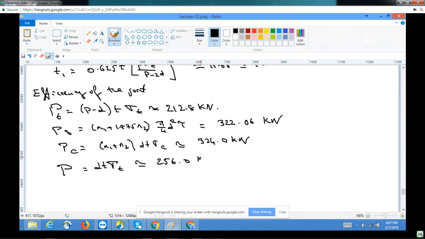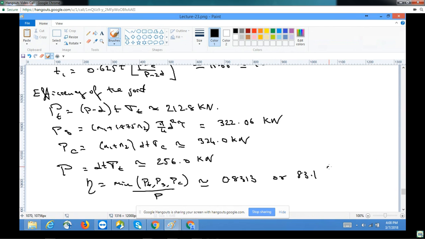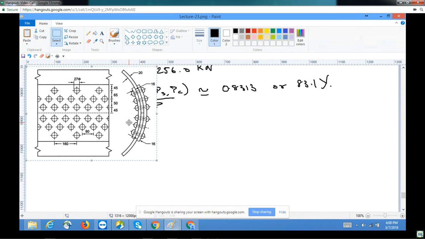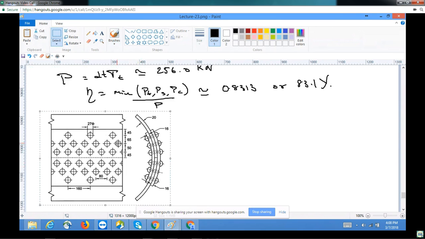And capital P is equal to p t sigma t, that is equal to 256.0 kilonewtons. So the efficiency is the minimum of Pt, Ps, Pc divided by P, which happens to be, in our case, 0.8313 or 83.1 percent. So this is what we have decided based on these calculations.